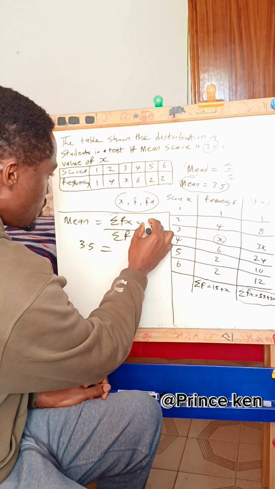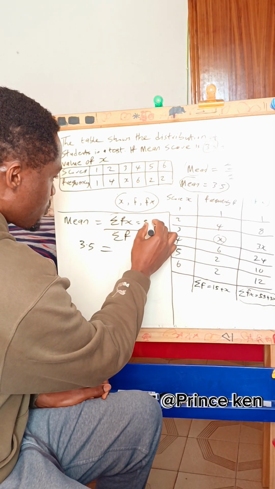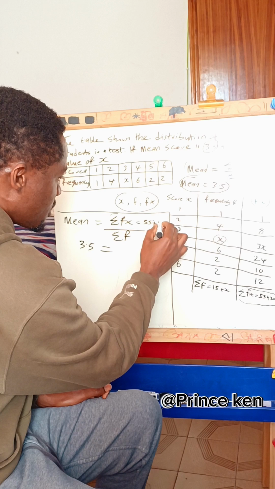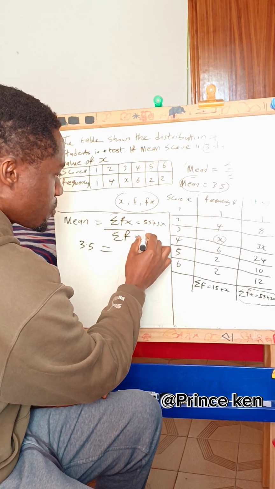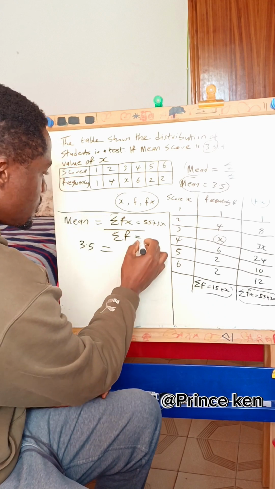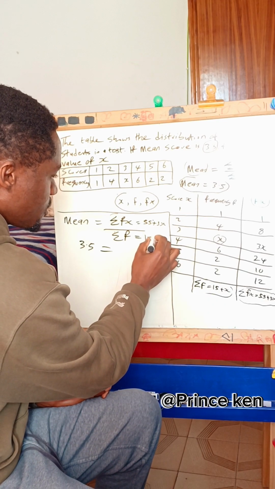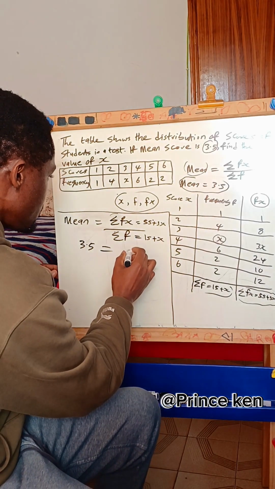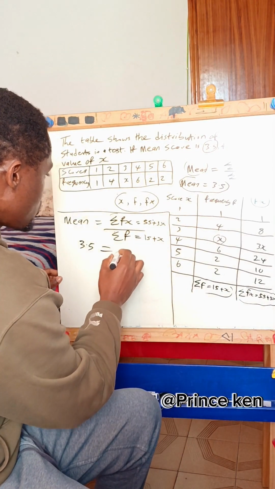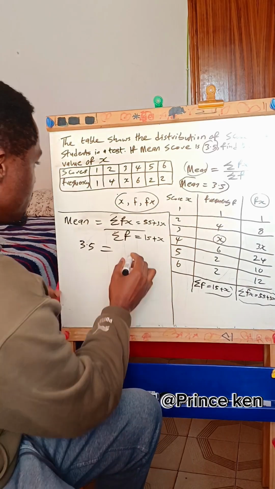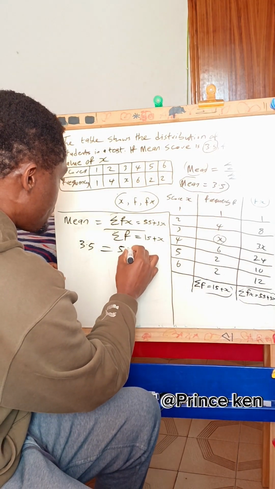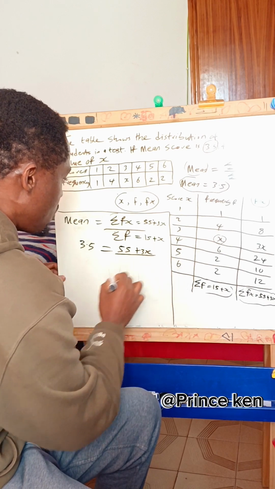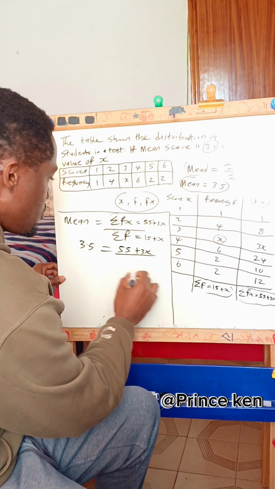This is equal to 55 plus 3x, and this is equal to this here, 15 plus x, which is equal to 55 plus 3x all over 15 plus x.